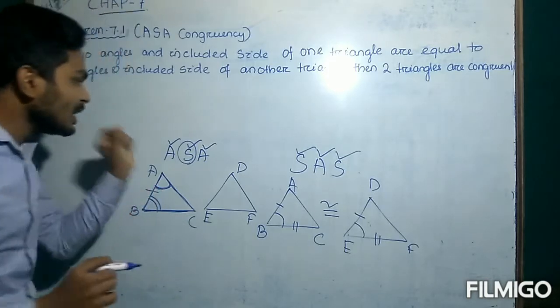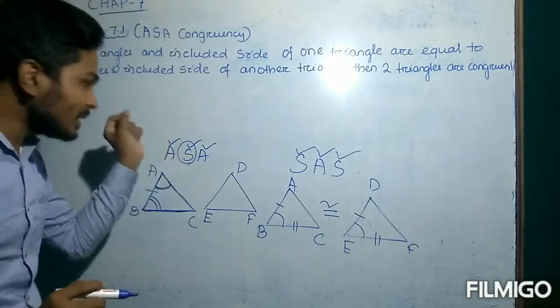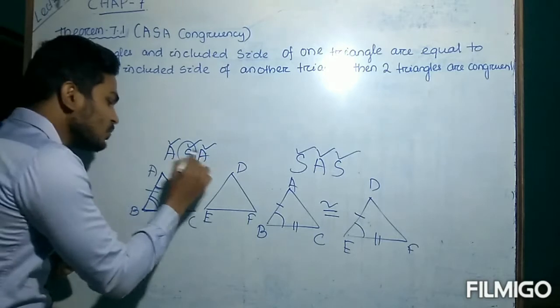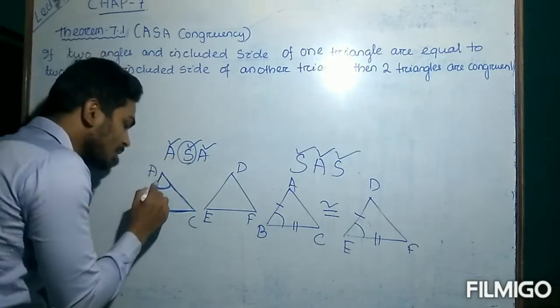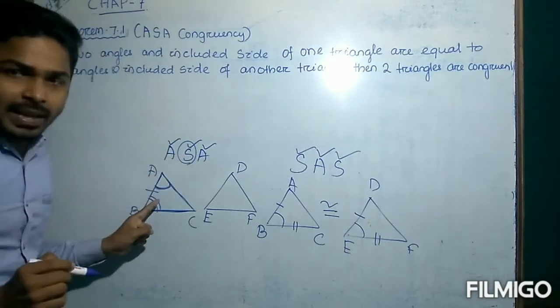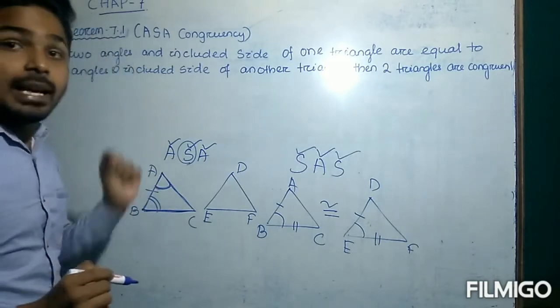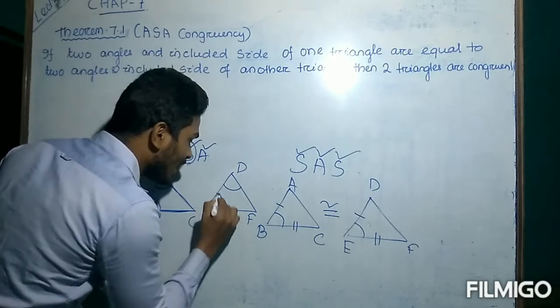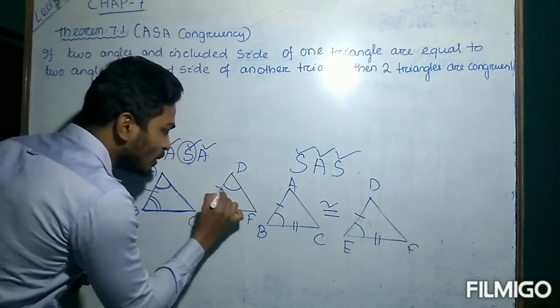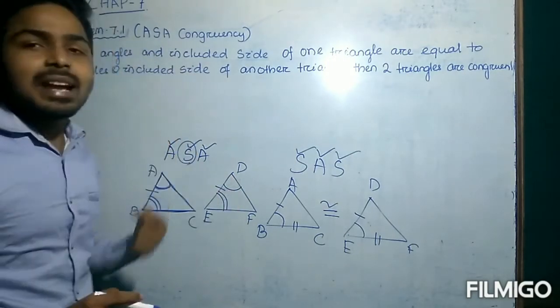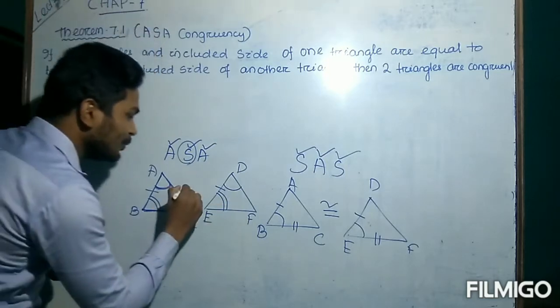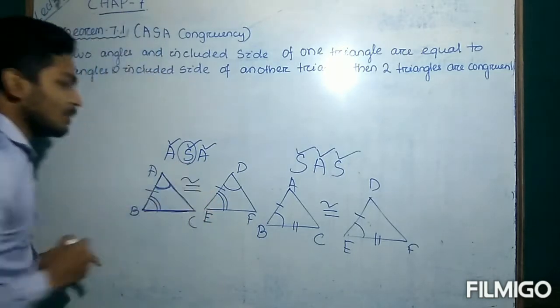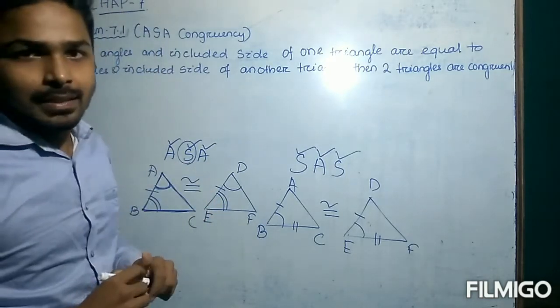Understood? Now according to this criterion, if any two angles and the included side of one triangle ABC are equal to two angles and the included side of another triangle DEF, then these two triangles will be congruent.